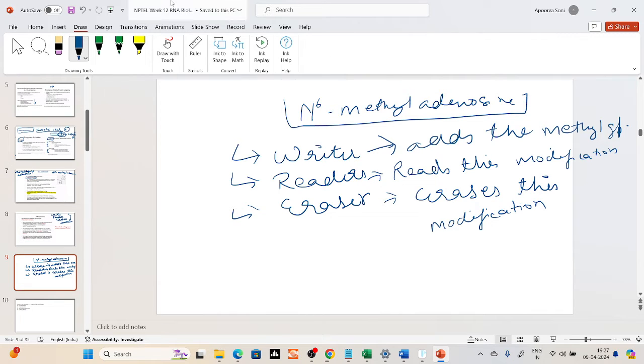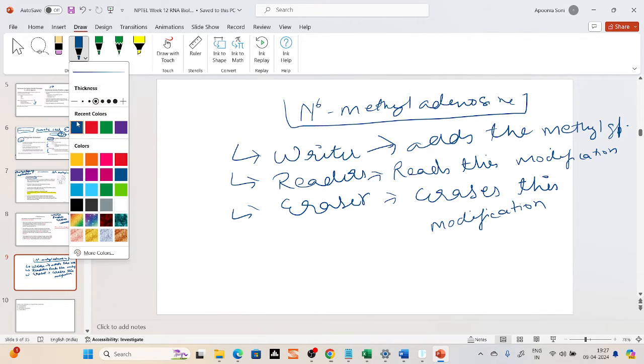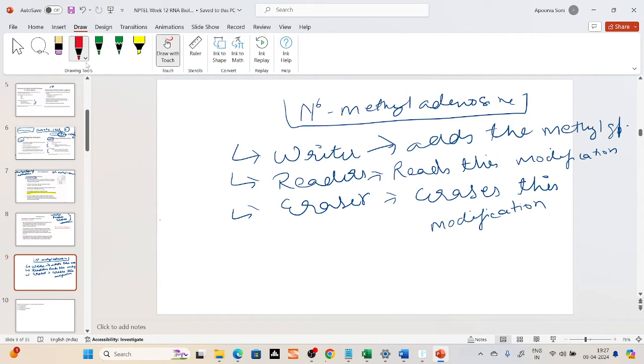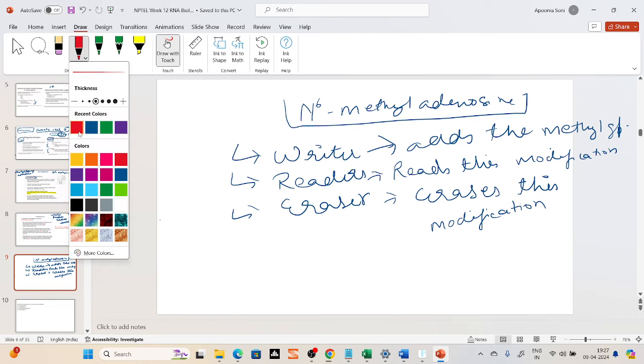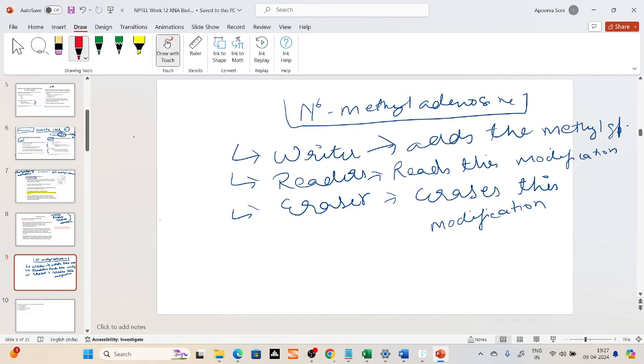So this is how this modification is regulated: writer, that adds the methyl group; reader, that reads the methyl group; and eraser, that erases the methyl group.